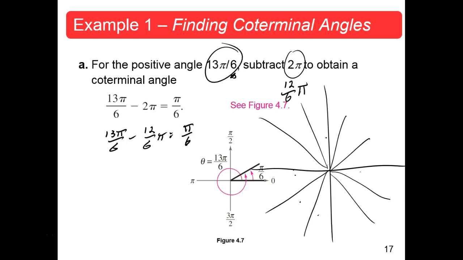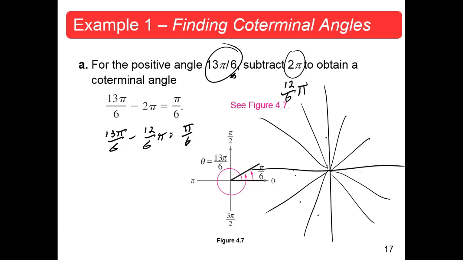Here was the angle you were given. Here's one coterminal angle. You can subtract another 12/6 π from it, and it gives you minus 11/6 π. Subtract 12 from positive 1, you would get minus 11/6 π. Or you could have added 12/6 π.